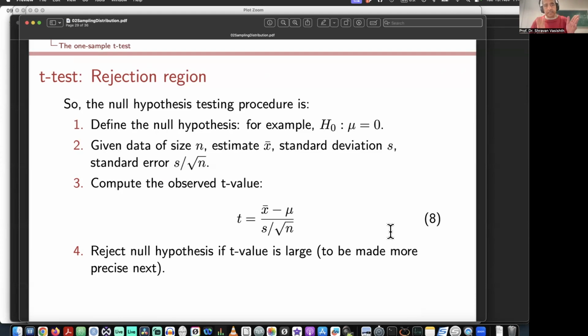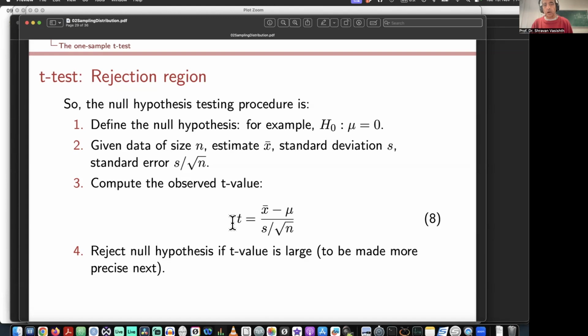So data of size n. We estimate the sample mean, estimate the standard deviation, estimate the standard error, compute the observed t-value, and then we reject the null hypothesis if the t-value is large enough, period. That's the entire hypothesis test, okay?